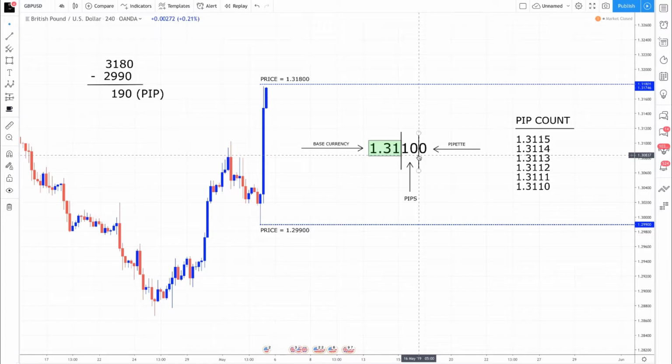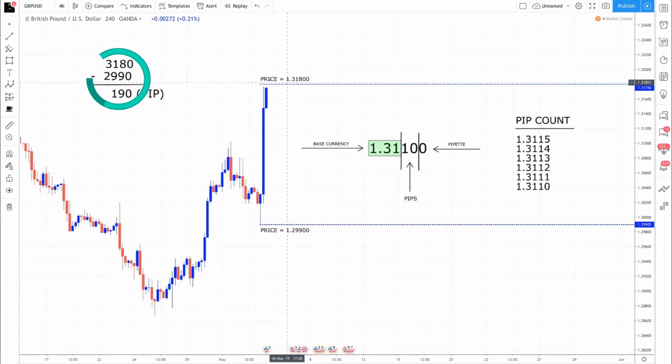Let's jump into an example. Let's say we were looking to buy the GBP/USD right here at this wick of 1.29900. And then the GBP/USD rose and came right over here to 1.31800. To find out what the pip count is, we simply subtract the pips inside of the number.